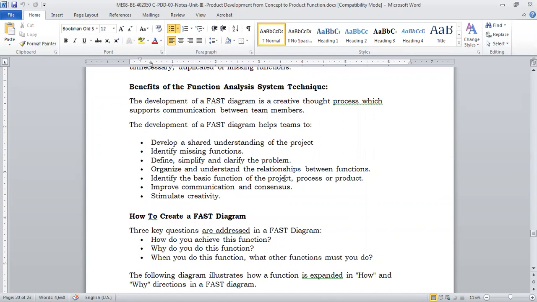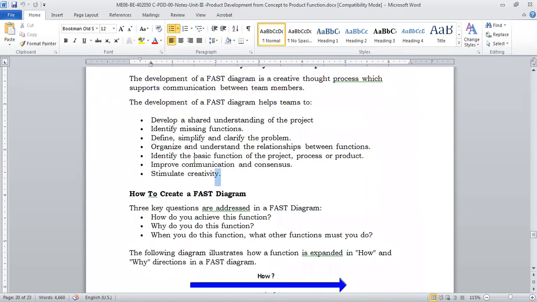So we will know what function is related to what and how they are related. Identify the basic function of the project, process, or product. With the help of the FAST representation, we can identify the basic function, the whole goal of your project or process, improve communication and consensus, and stimulate creativity. Okay, so these are some important benefits of the FAST method.